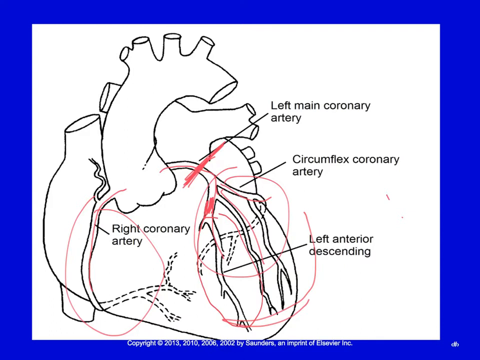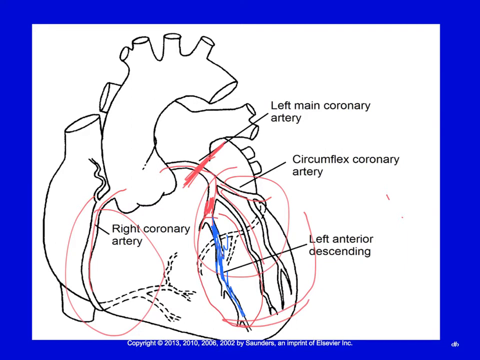When it's partially occluded, this area will start having some ischemia, which means lack of oxygen, and it starts to hurt a little bit. When this patient has so much blockage that it's hurting even at rest, and it's not relieved by nitroglycerin or other medications, then it's called an unstable angina.